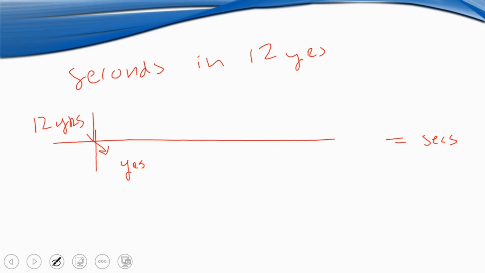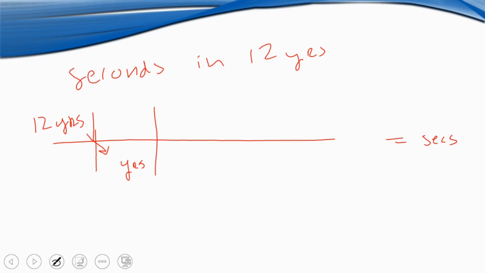Anything multiplied or divided by 1 is still the same number. So we divide, meaning we cancel it. Now years is not what we're looking for, but what relationship can we think of that helps us get closer to seconds? Let's think about this. We've got options. We could do weeks, we could do months, we can do days.